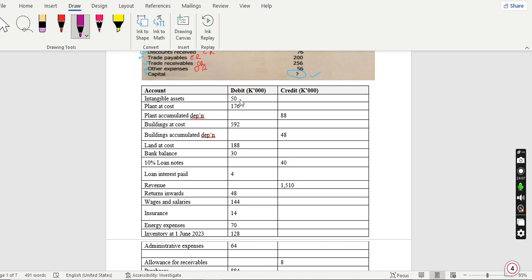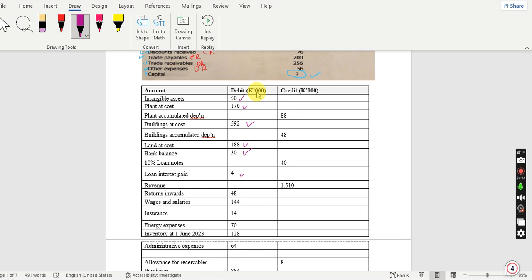Debit side: 50 plus 176 plus 592 plus 188 plus 30 plus 4.